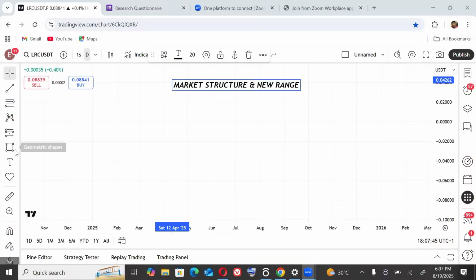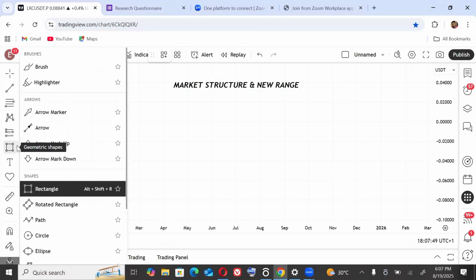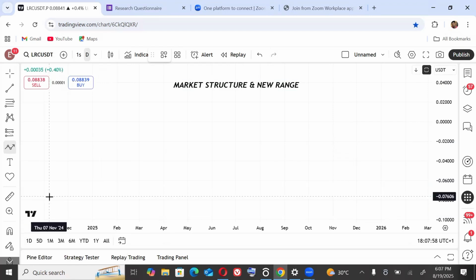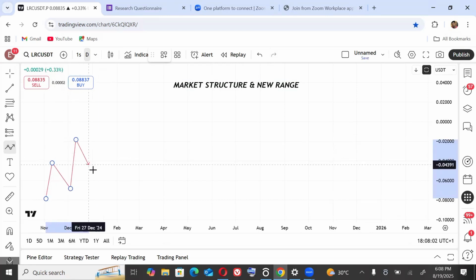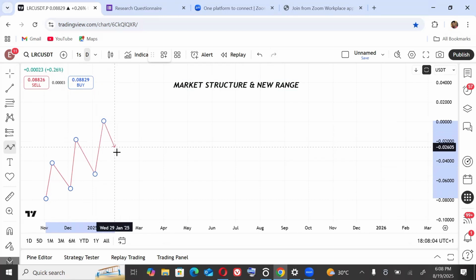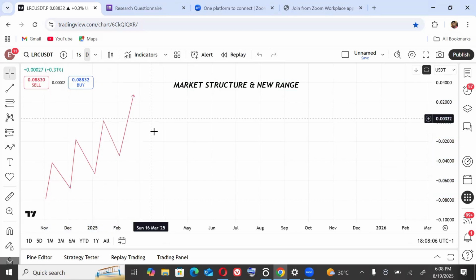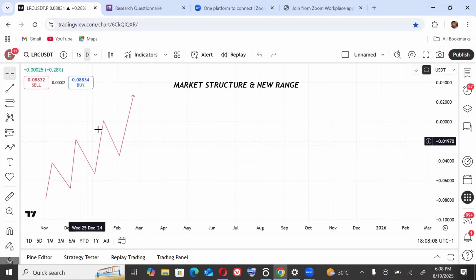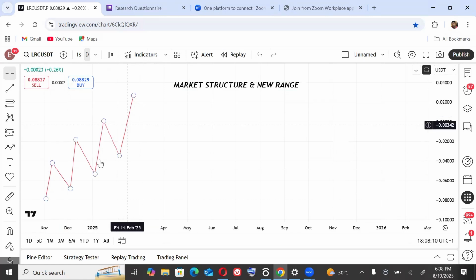Now, if you are used to market structure and range, or this is the very first time you're coming across this particular trading style, pay detailed attention. This is how conventional market structure looks like. But I'm going to tell you, the market does not really move like this in this basic form.